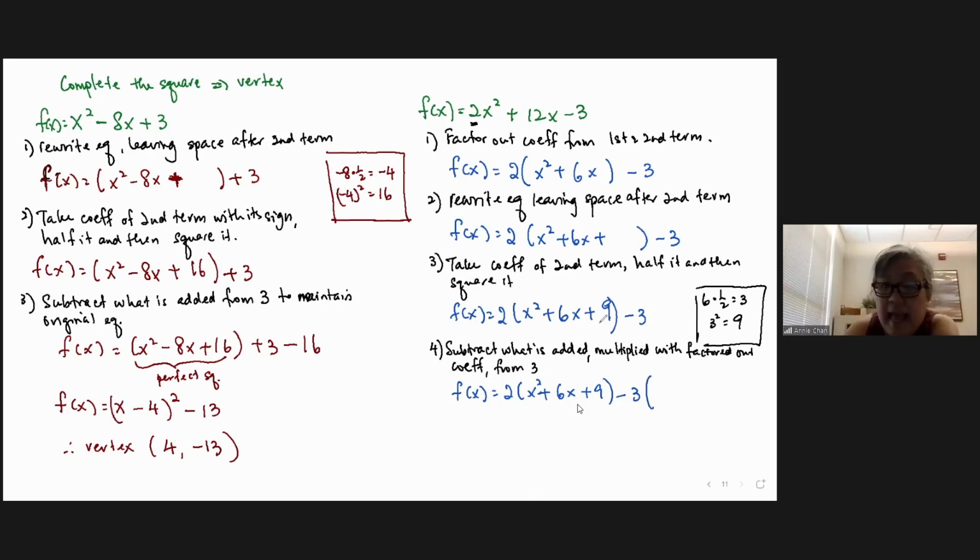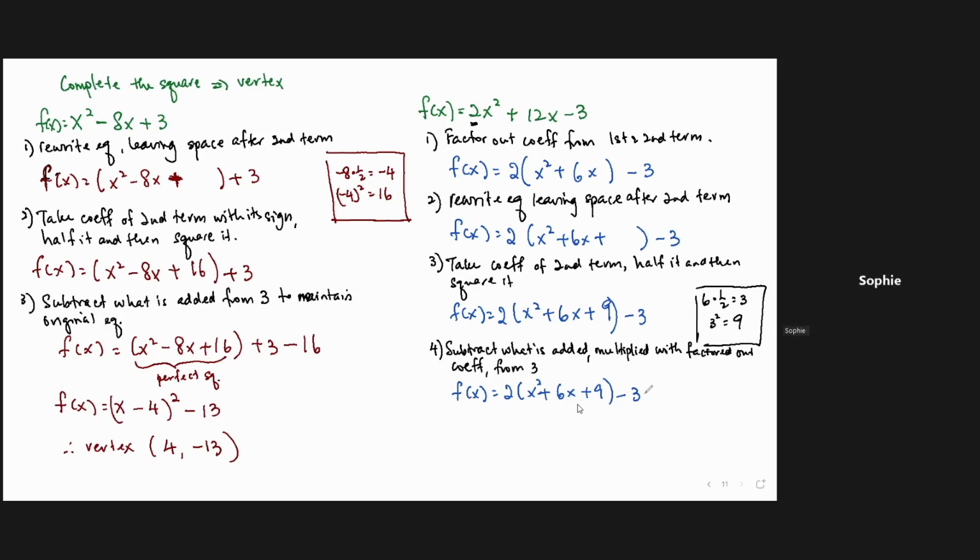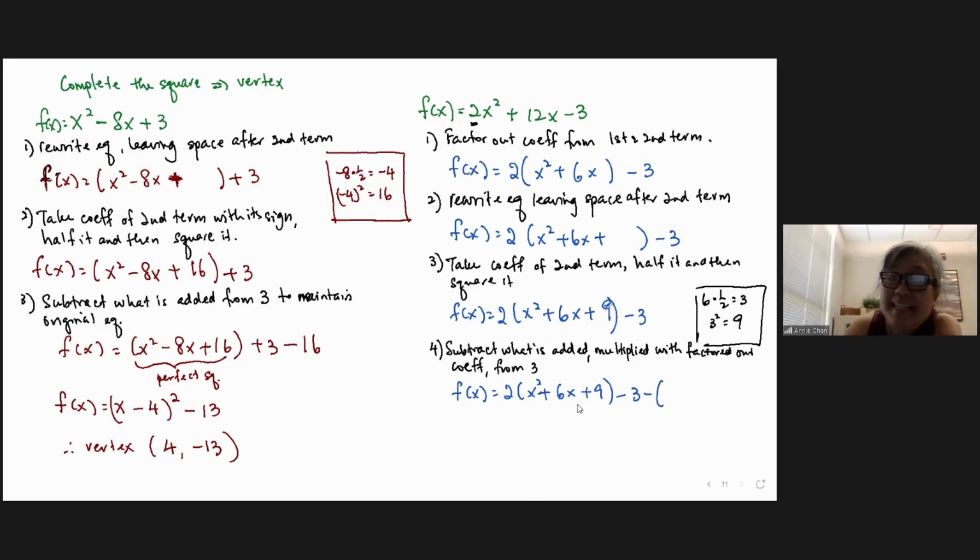Okay, I added 9, right? I added 9, yes? Yes. Okay, now I need to take this 9 out, but this 9 does not belong to x squared. Well, this 9, yes, it may belong to x squared, but my original equation was 2x squared.